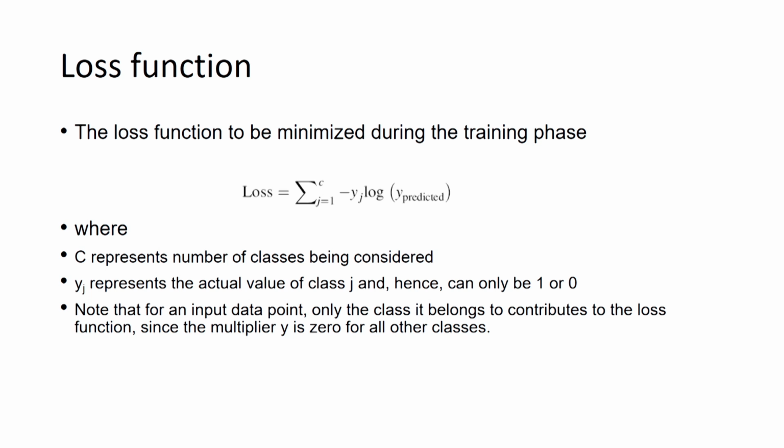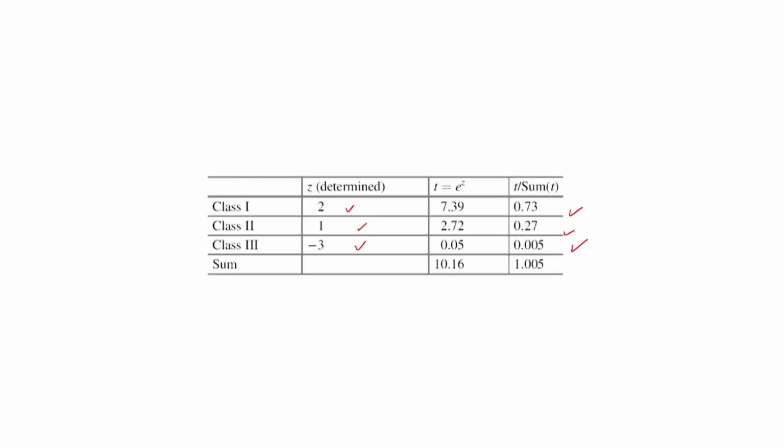Now, we are getting probabilities, but we started from random parameter values, so we need to find the optimal parameter values. For that we must have a loss function, and we have already seen that we use the cross entropy loss function. This is the cross entropy loss function. In case of binary classification, there were only 2 terms, corresponding to class 0 and class 1.